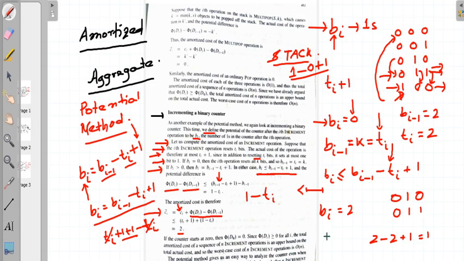One increment operation we have seen. How many such arbitrary increment operations do we have?